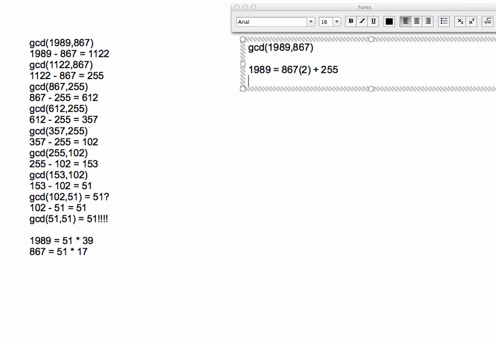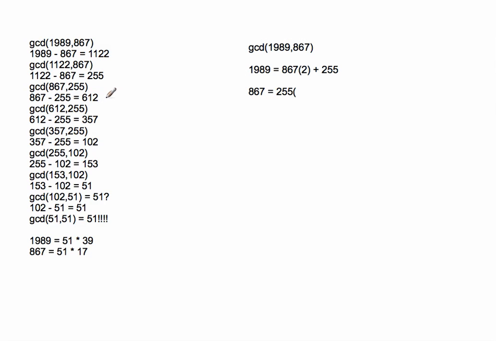Okay? From there, now we took 867 and we divided it by 255. Now, how many times did it go in? Well, let's see here. We did once. We subtracted 255 once, twice. Oh, actually 3 times. 3 times before 255 became the bigger one.